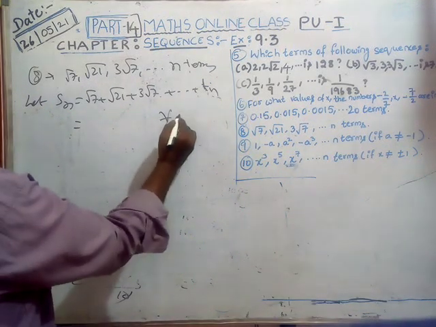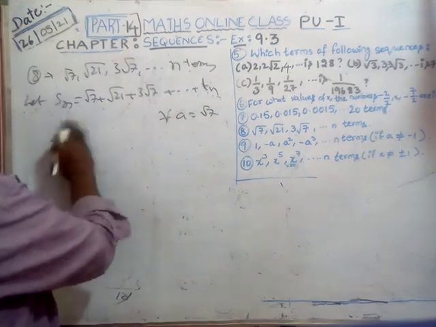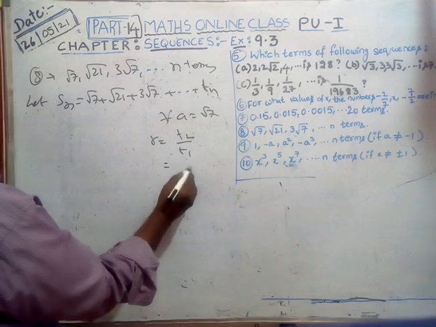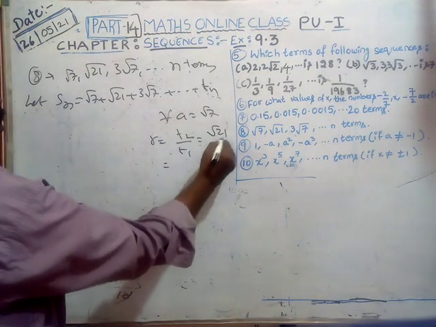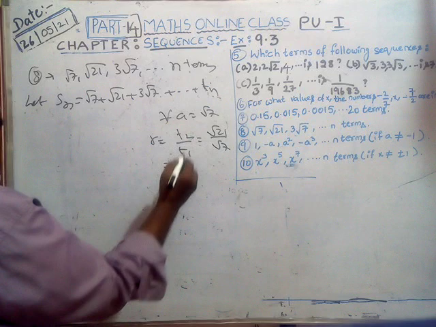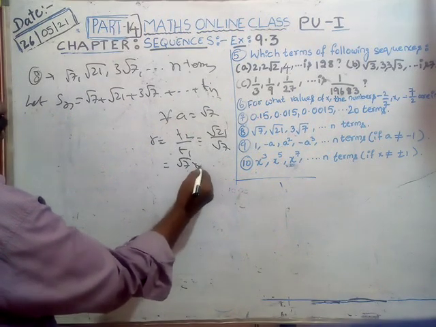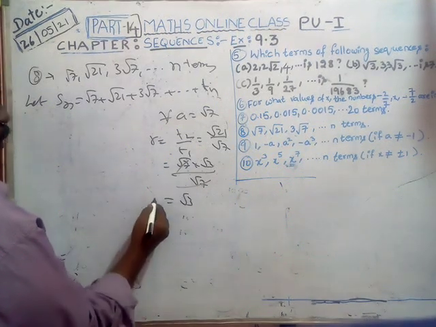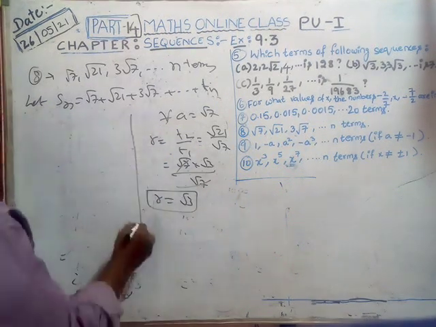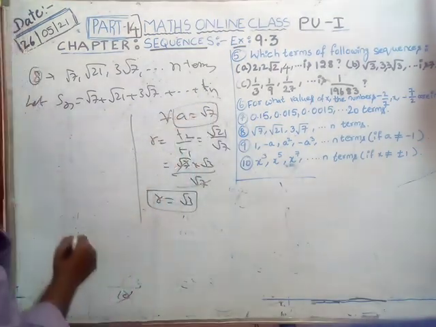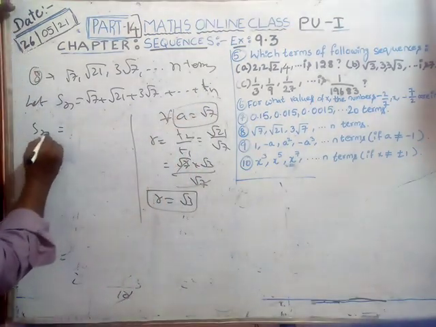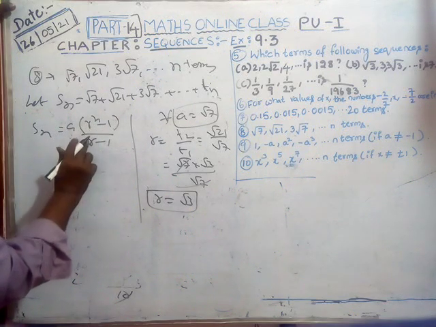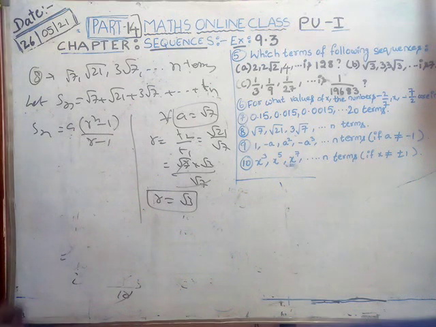Here A is equal to root 7. r is equal to T2 by T1, that is root 21 by root 7. Root 21 can be written as root 7 into root 3, so root 7 cancels, and r is equal to root 3. A is root 7. The formula is A of r power n minus 1 by r minus 1, or 1 minus r also.